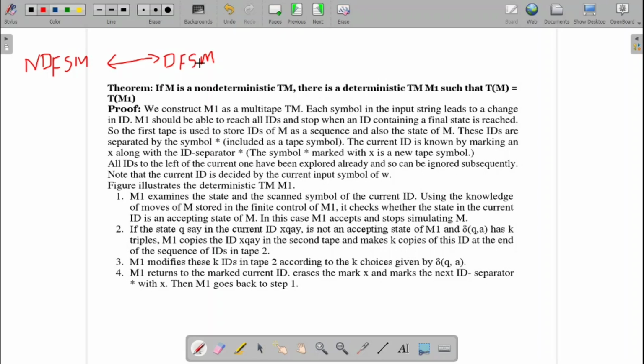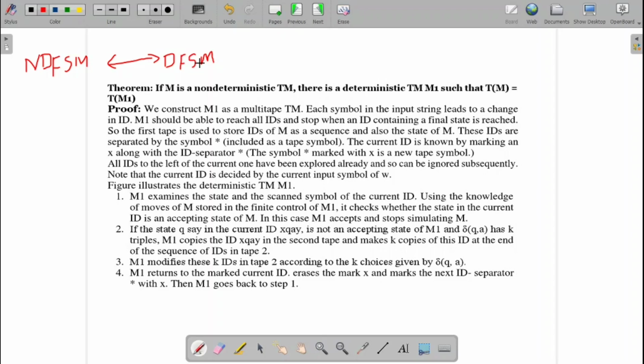Each symbol in the input string will lead to a change in the instantaneous description. M1 should be able to reach all possible instantaneous descriptions and stop when a description containing a final state is reached. So the first tape is used to store the instantaneous descriptions of the machine M as a sequence, including the state of the machine M. These descriptions are separated by the symbol star, which is included as a tape symbol.